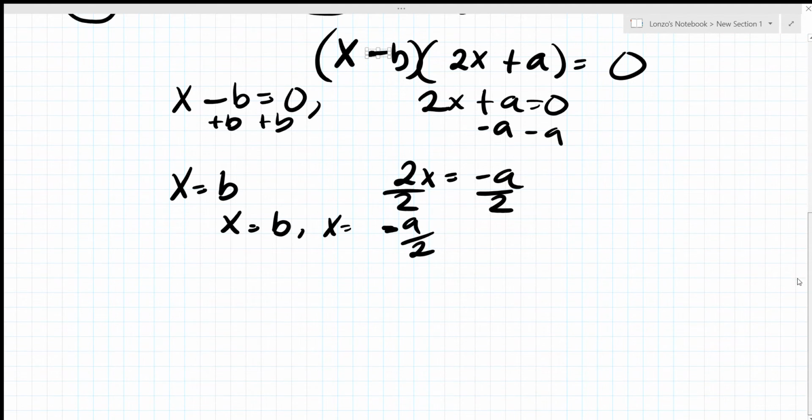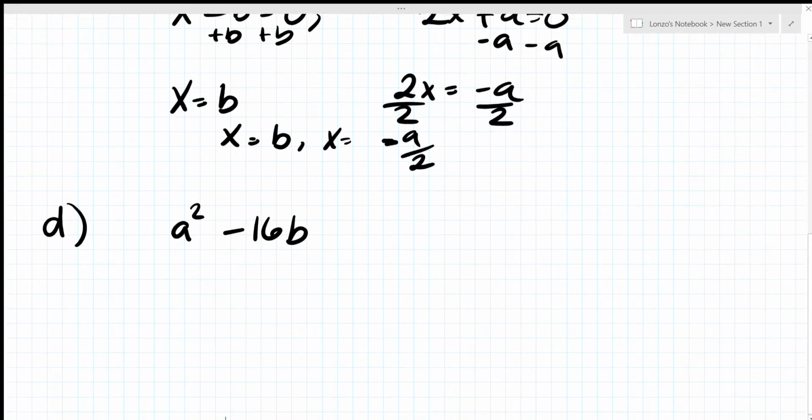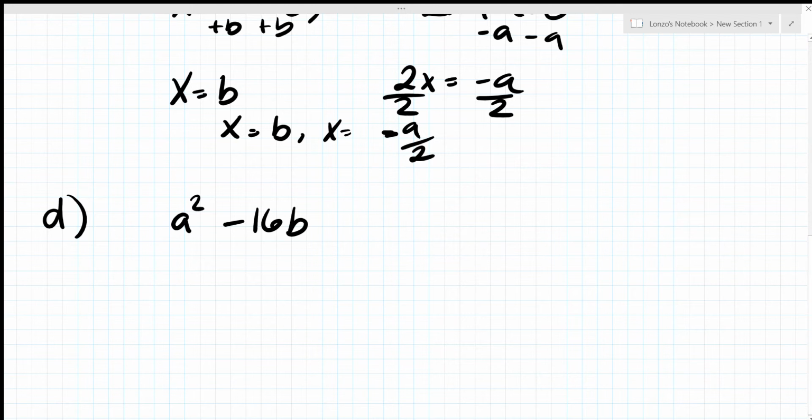Okay, let's do another one. We'll call this D. We have a squared minus 16b squared. I want to factor, right? So if you remember closely, this is what's called a perfect square.